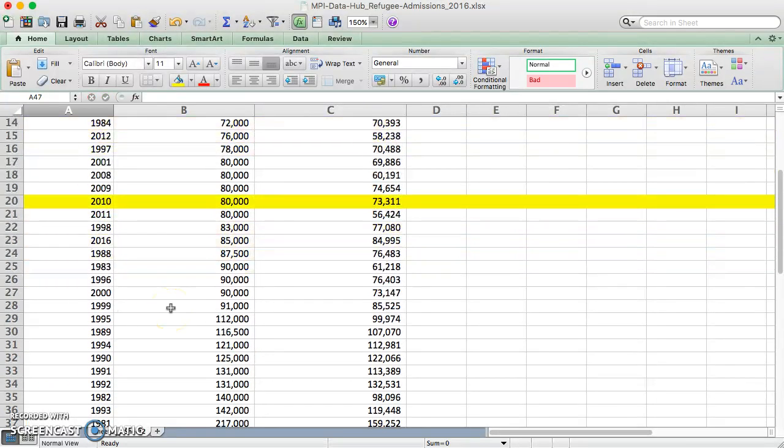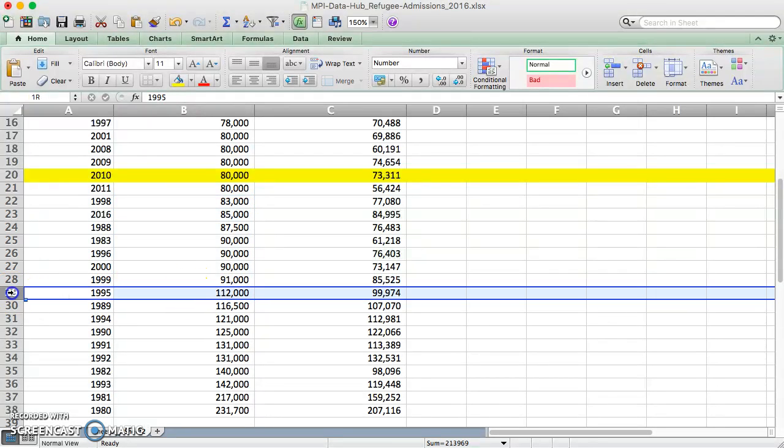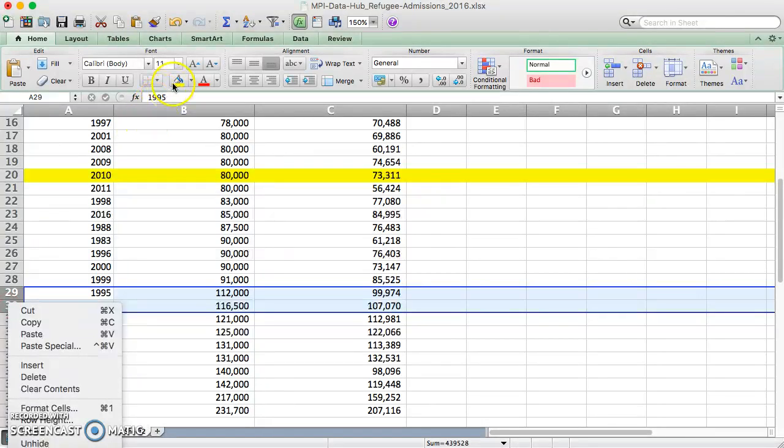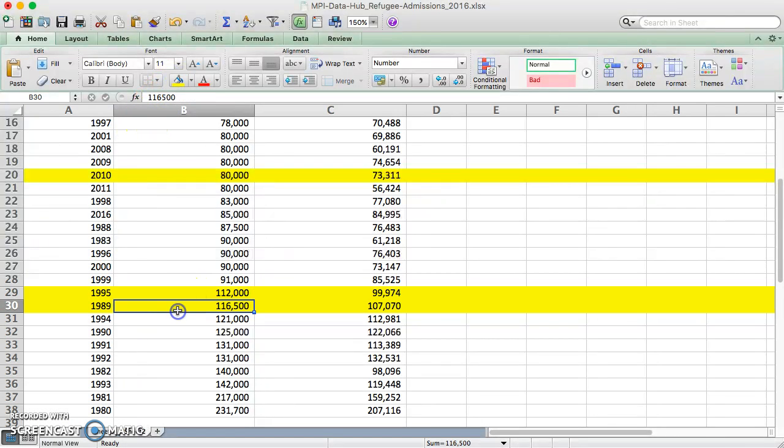Q3 is the same thing on the other side. Again, I'm going to take the 9th and the 10th rows. So I'm going to count 8 rows, and from there, it's going to be these 2, right? Again, I'm going to highlight them for visual reference. And I'm going to say, okay, what's 112,000 plus 116,500 divided by 2?